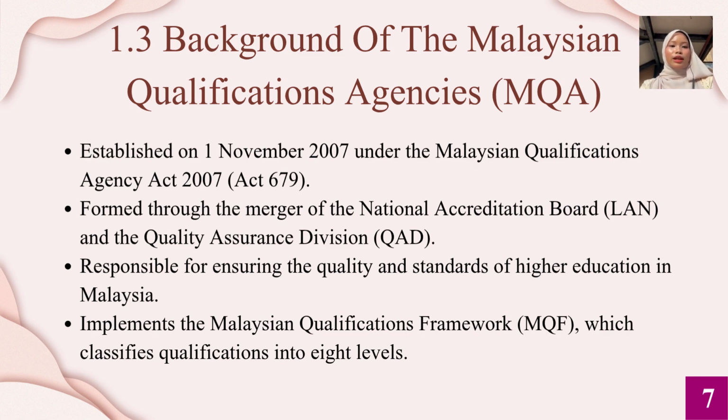Today, the MQA is the main body responsible for ensuring the overall quality and standard of higher education in Malaysia. They do this primarily by implementing the Malaysian Qualification Framework or MQF, which unifies and classifies all national qualifications into 8 distinct levels.